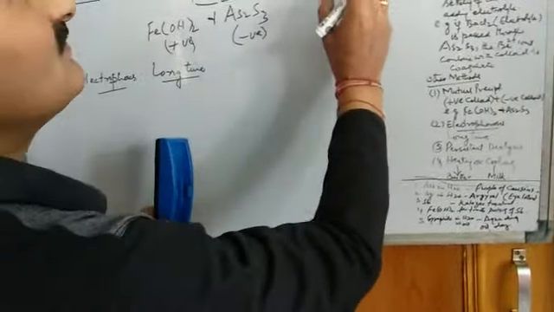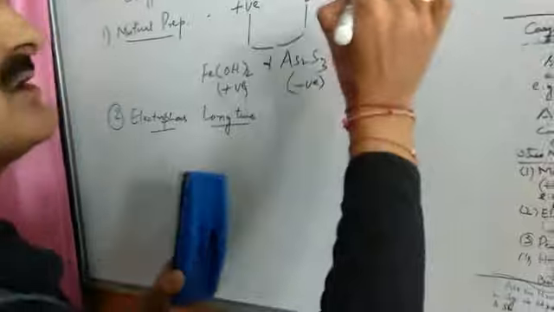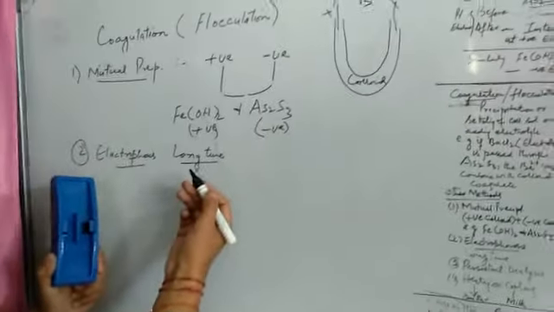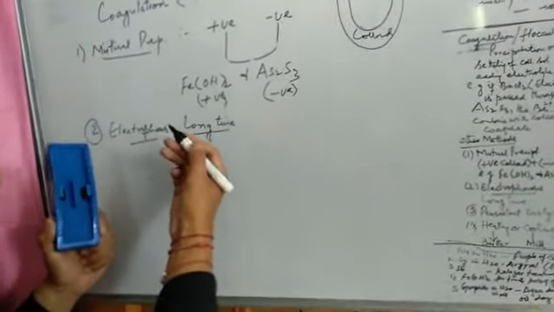What happens? During this process, the colloid moves towards the oppositely charged electrode, and if we keep it for a longer time, then the colloid gets coagulated. So by electrophoresis, coagulation can also be attained.